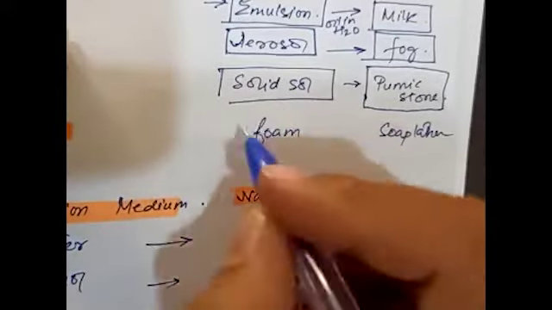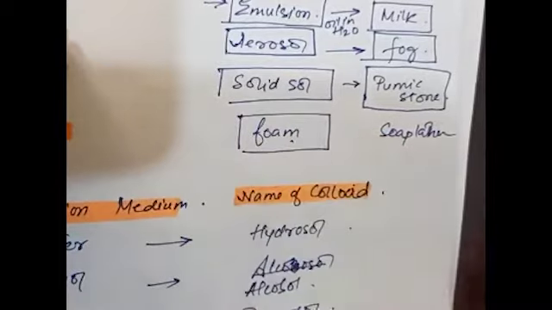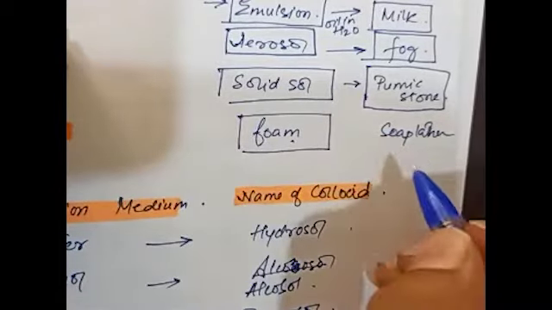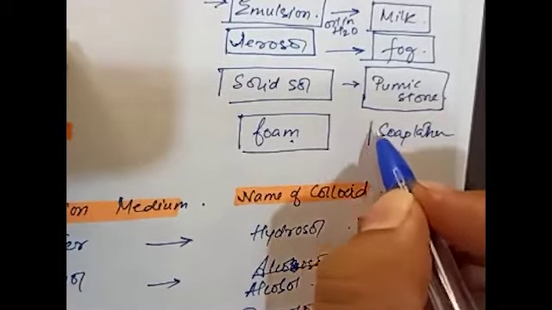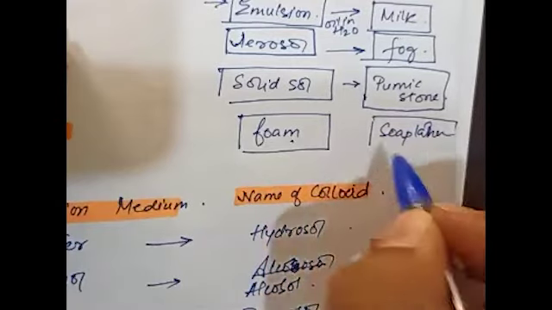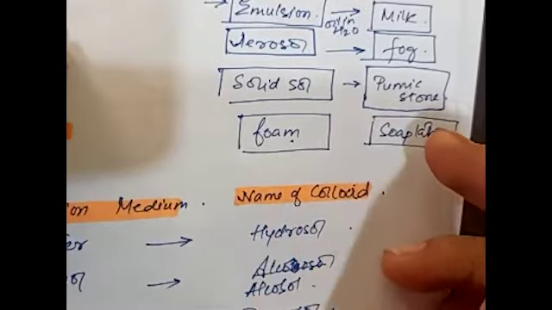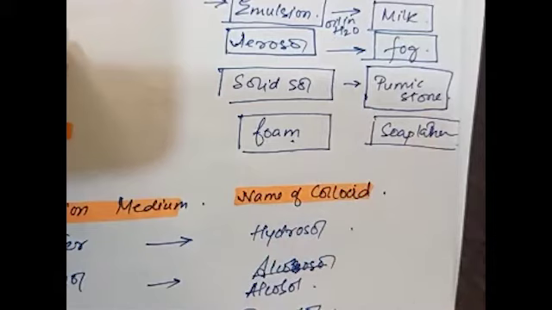So one of the examples is carbon dioxide. Carbonated water also is one example, but here it is taken as soap lather. When you rub soap in your hands, a lot of foam comes out, right? So that is what we call lather. Fine.